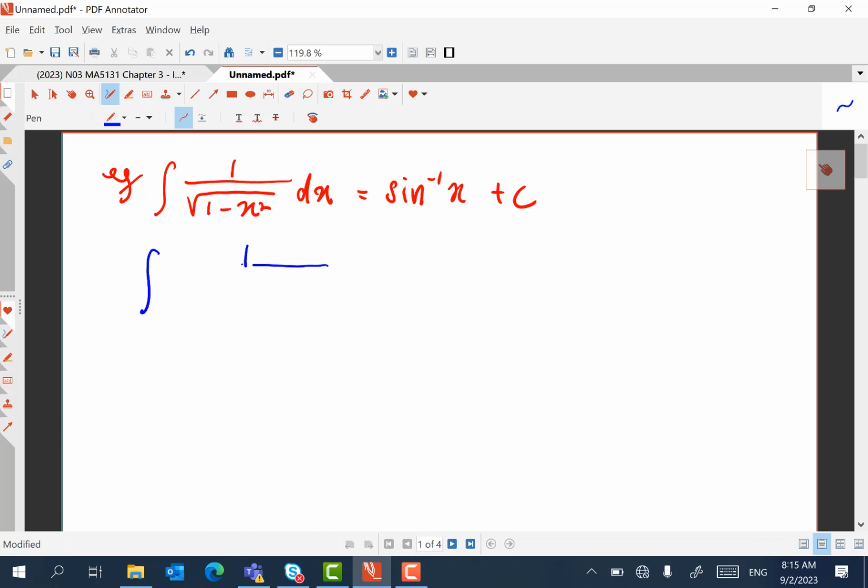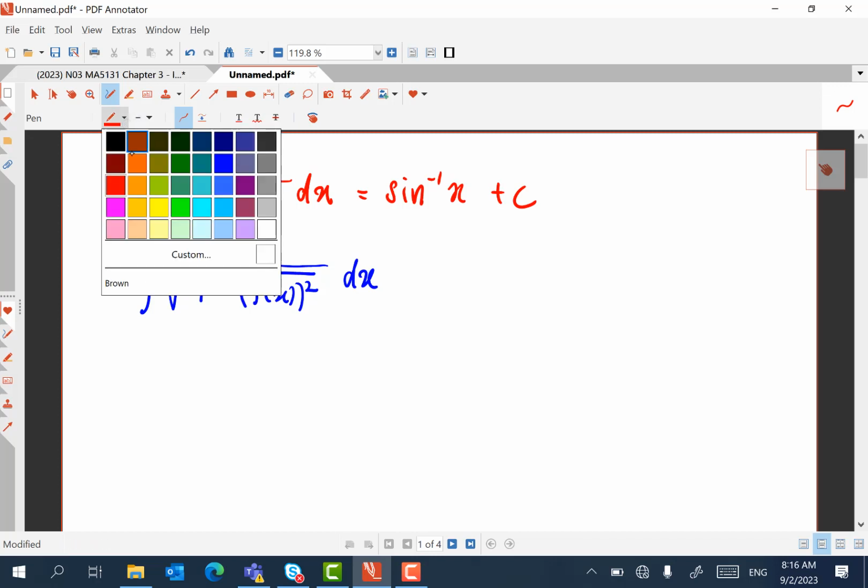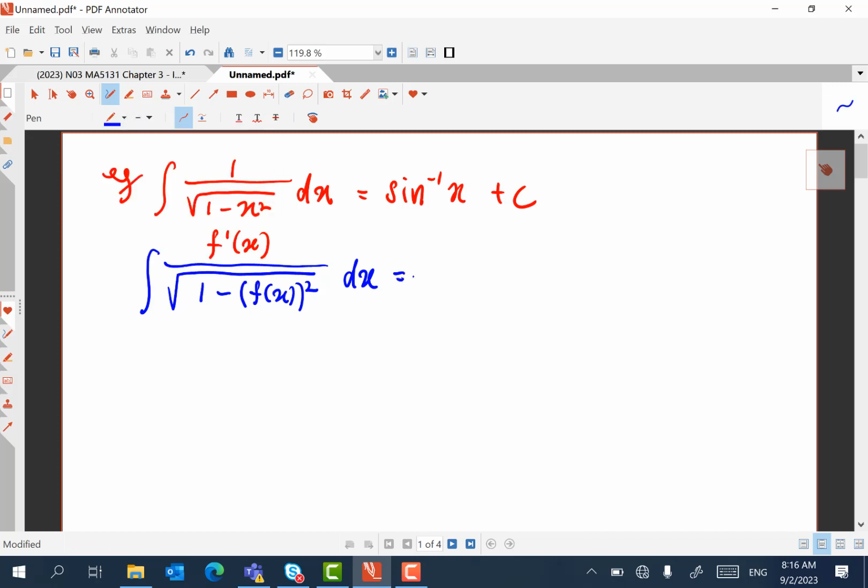How do I generalize this formula? Replace all the x with f(x), and then you need a magic touch. Chimaya, what is that? You're saying f prime x, right? And after doing so, the formula now becomes this.